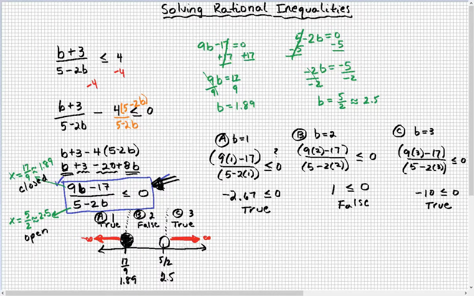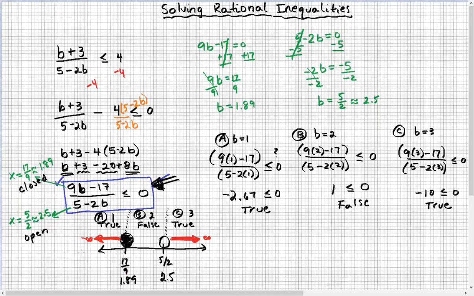Now I'm going to write the interval notation. I'm just going to do it on the side. Here I go. Now focus on this red line. Where does it start? It starts at negative infinity and it goes towards 17 over 9, or 1.89. It doesn't matter at this point. Just know if it's multiple choice, you should pick the right one.